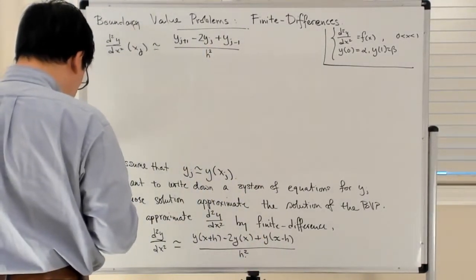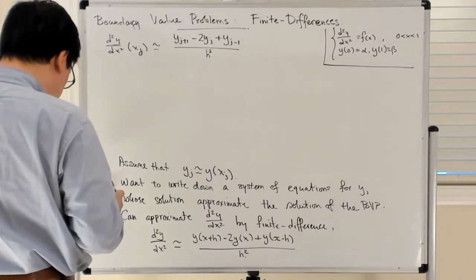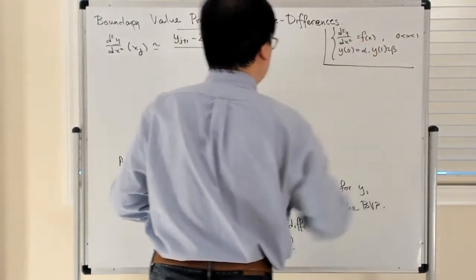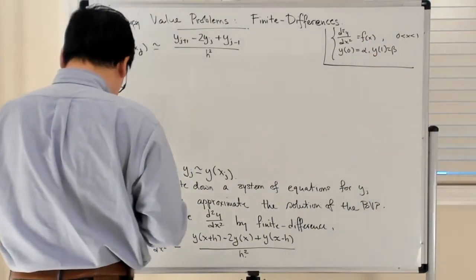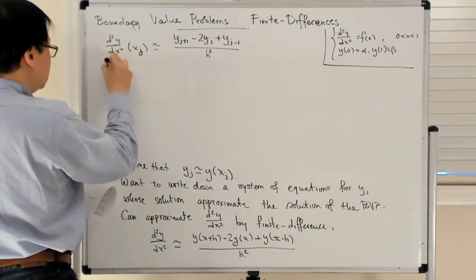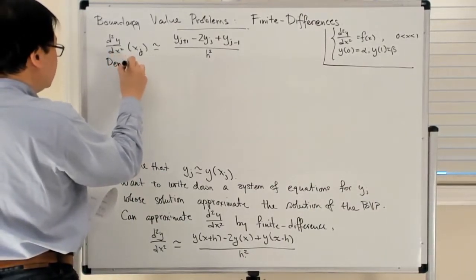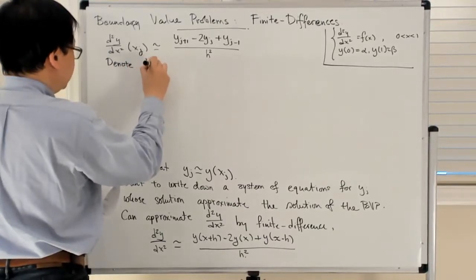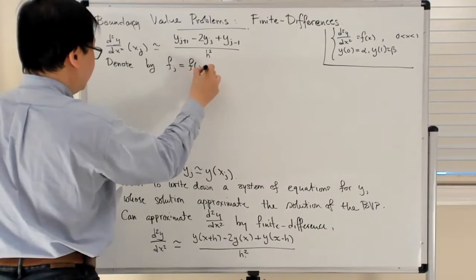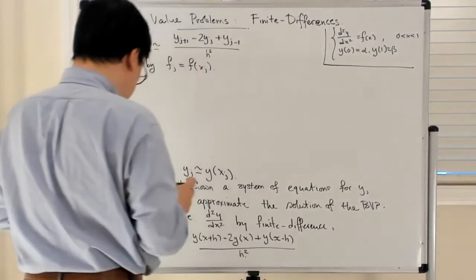And then you have this f at x, so I'm going to denote by f sub j, f evaluated at the point xj.